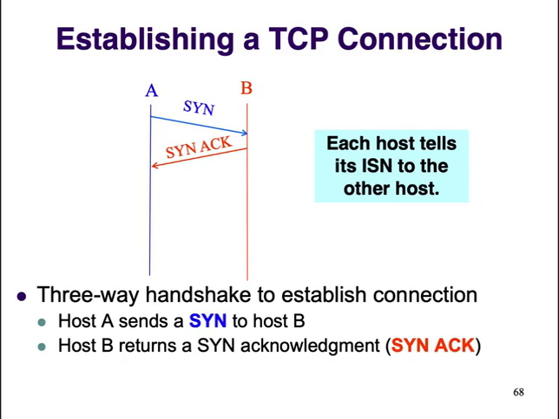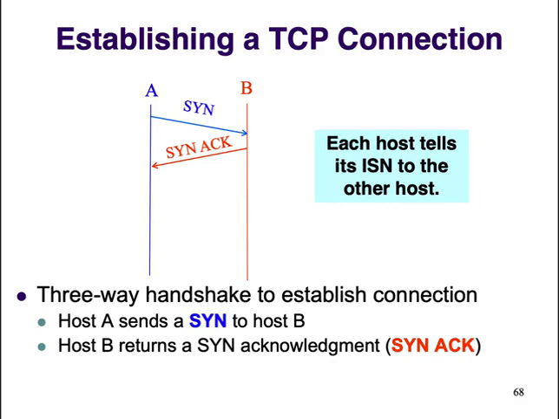And the reason it's both is it's doing 2 things. It is one, acknowledging, B is acknowledging that it received A's request for a connection. That's the ACK part of it. But B is also sending its own SYN message because remember we said TCP is bidirectional. Okay? So the first SYN going from A to B, A is telling B, I would like to send you data and here's my initial sequence number.